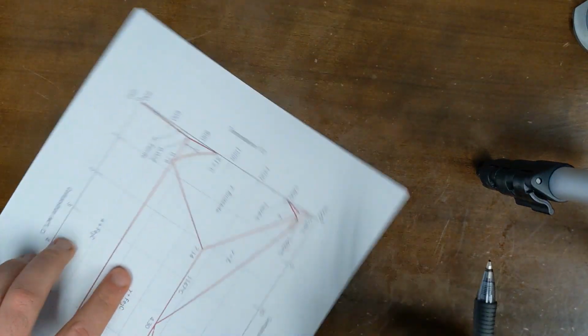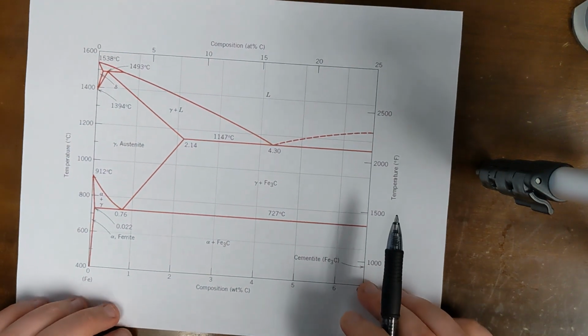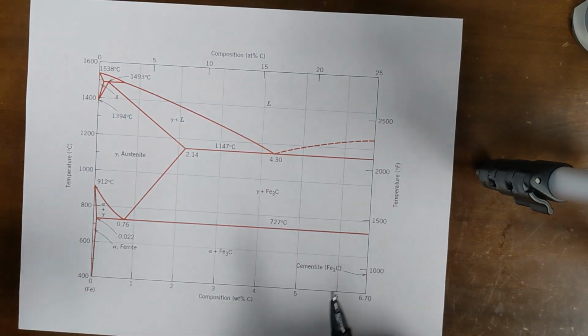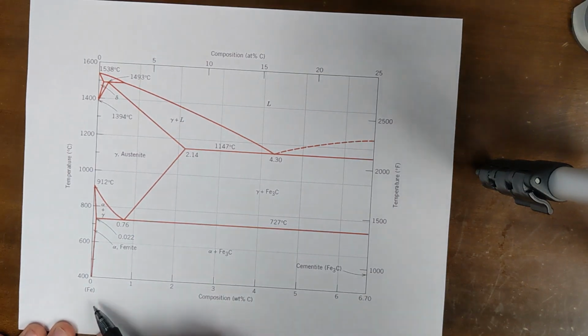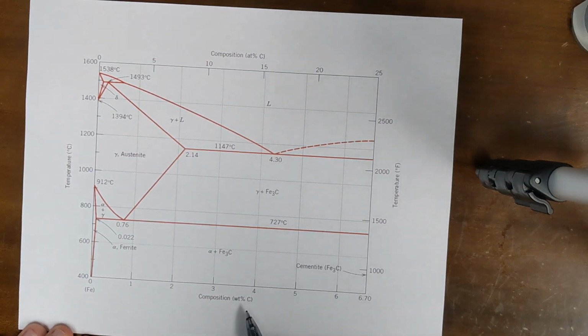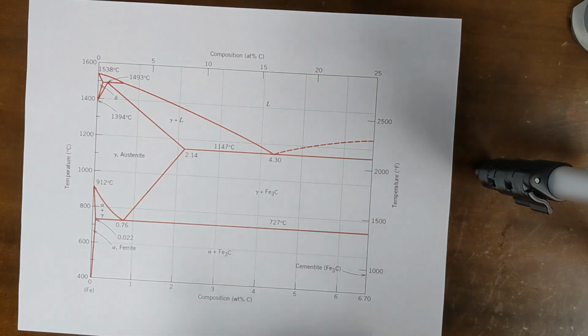And we will use a new phase diagram. This is one we will see later in class, but this is the iron-carbon phase diagram, also known as the steel phase diagram. We have pure iron on the left. We have weight percent carbon on the x-axis, and we have cementite at 6.7 weight percent carbon.